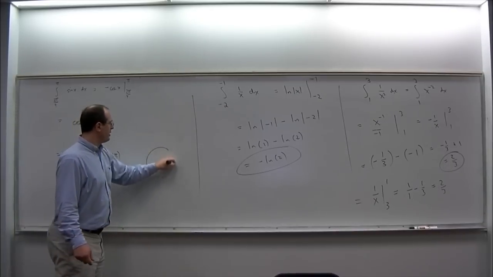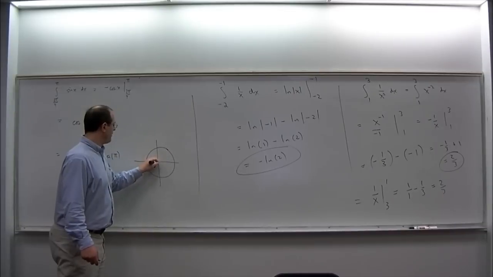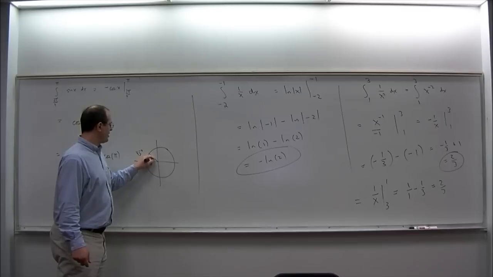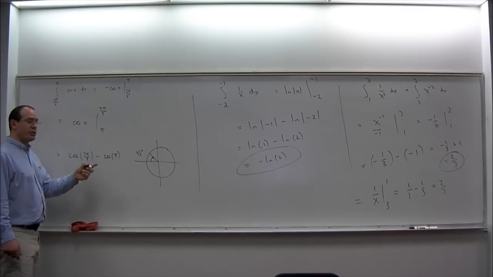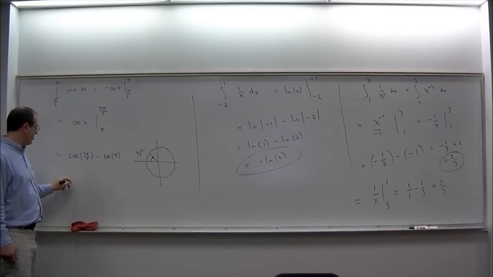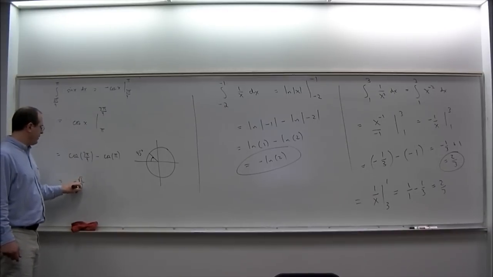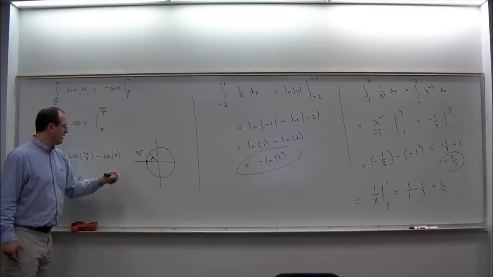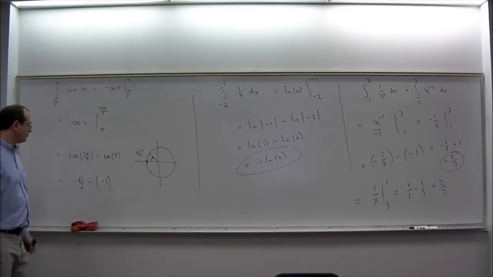That's 45 degrees off of the negative x-axis. And so the cosine is negative in that second quadrant, and the value is negative root 2 over 2. And then minus the cosine of pi is -1.